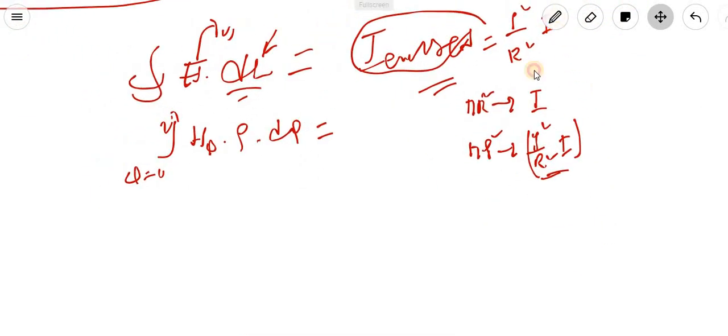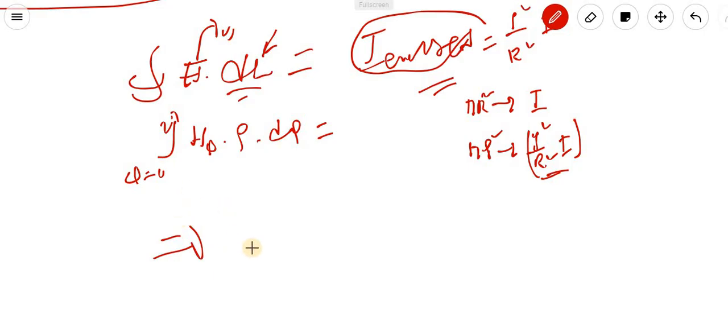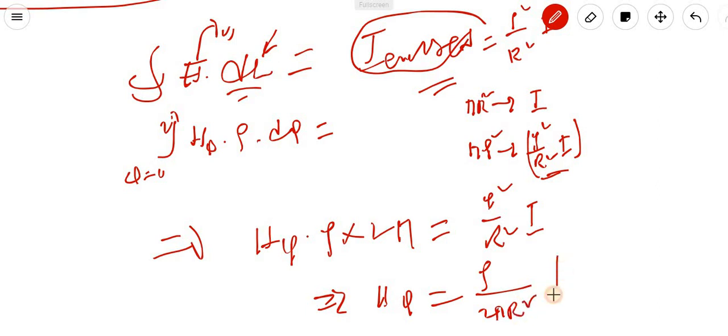Now, integrating phi from 0 to 2 pi, we get H phi times rho times 2 pi, and this equals rho squared over R squared times I. That means H phi is rho I over 2 pi R squared.